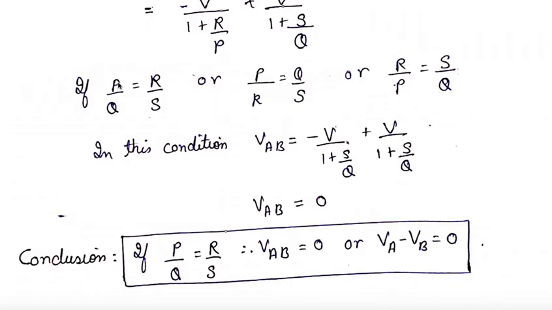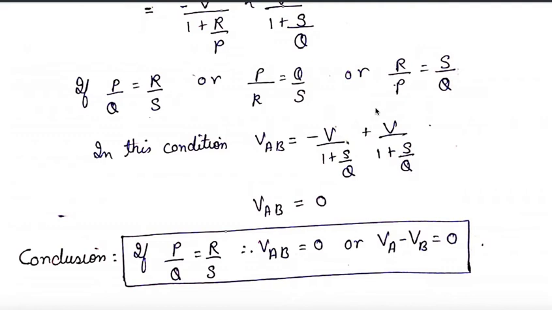If it is 1:2 here and 1:2 here, then P by Q and R by S, we have cross multiplied and it has reversed, and here we have just taken the reciprocal of it.